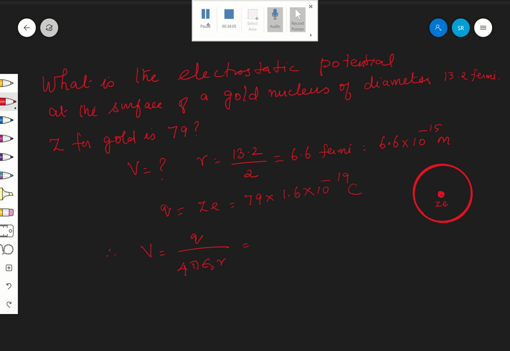Therefore that is equal to 9 into 10 power 9 into charge 79 into 1.6 into 10 power minus 19 divided by R, which is 6.6 into 10 power minus 15. If you solve it, you will get the answer as 1.7 into 10 power 7 volt. Is it clear? So that is it.